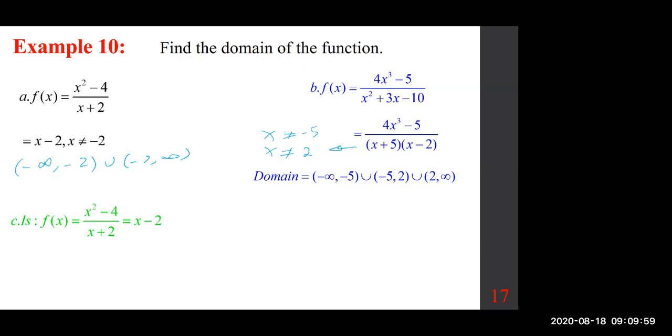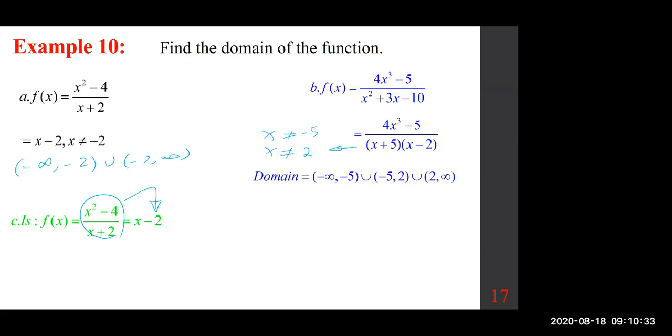Here's the next question. Can we say these two functions are the same? There are two functions here. One of them is f of x is x squared minus 4 over x plus 2. One of them is, let's say, g of x equals x minus 2. We are asking if this becomes this. It's important to understand the difference between the two, and what happens, for example, if we graph.